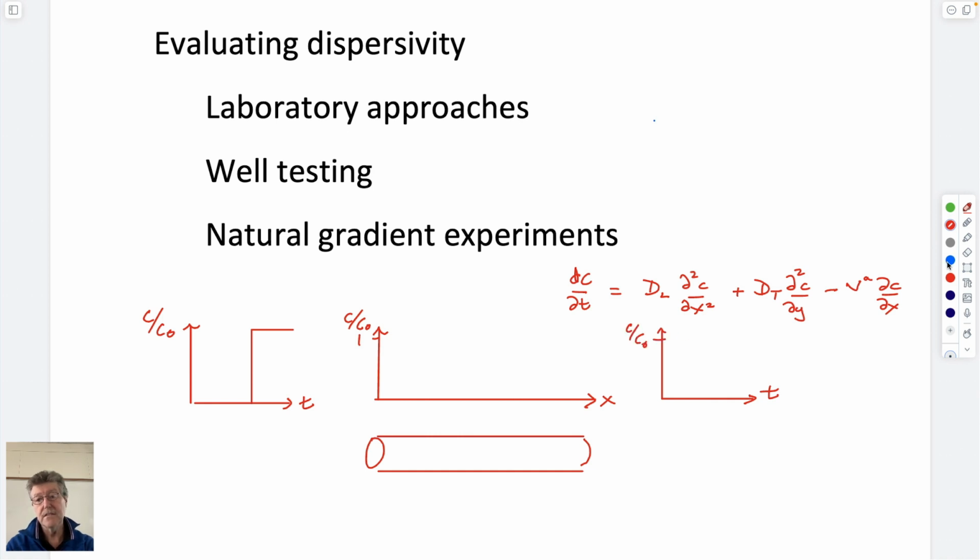And these, I'm not sure what we used before. So this was advective velocity, or rather the location of the front. This is the location of the front.